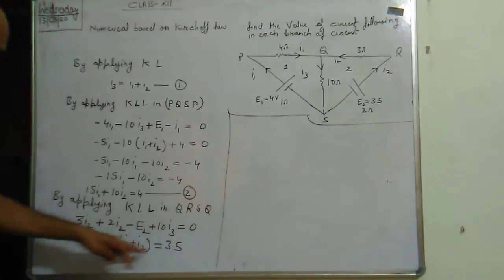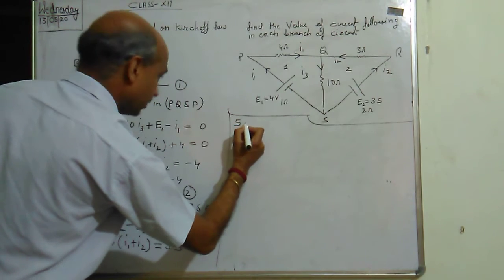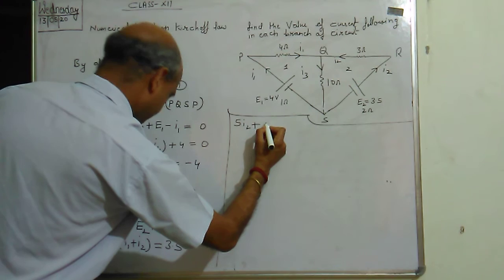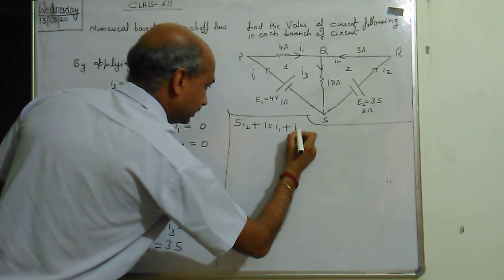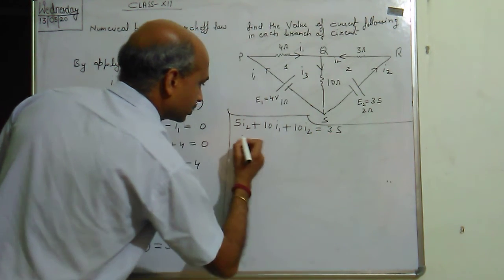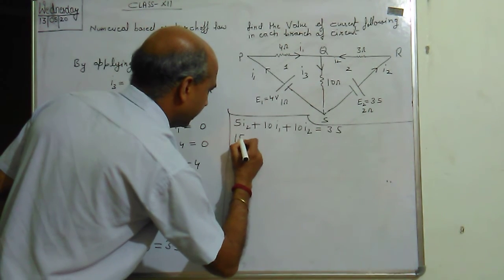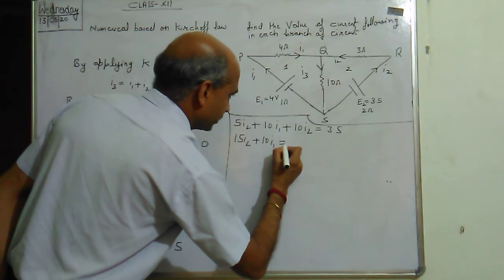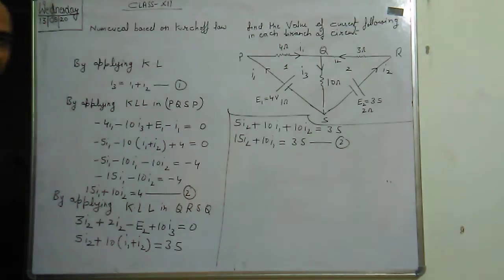Now we have to solve this. So multiply this. We get 5 I2 and plus 10 I1 plus 10 I2 equals to 3.5. Solving, 5 I2 and 10 I2 gives me 15 I2 plus 10 I1 equals to 3.5. This is the third equation.